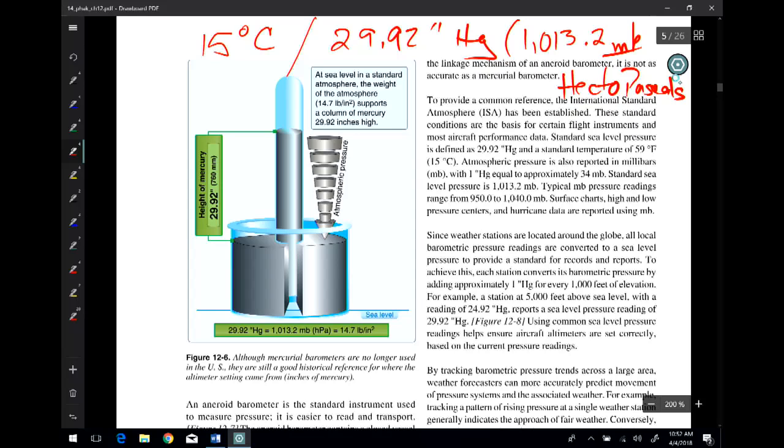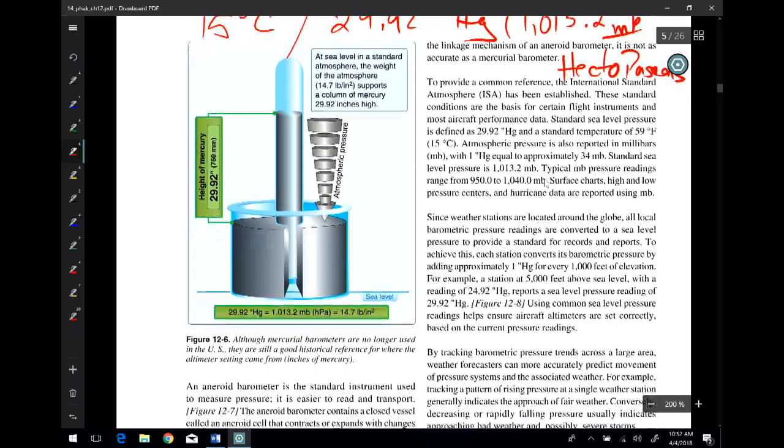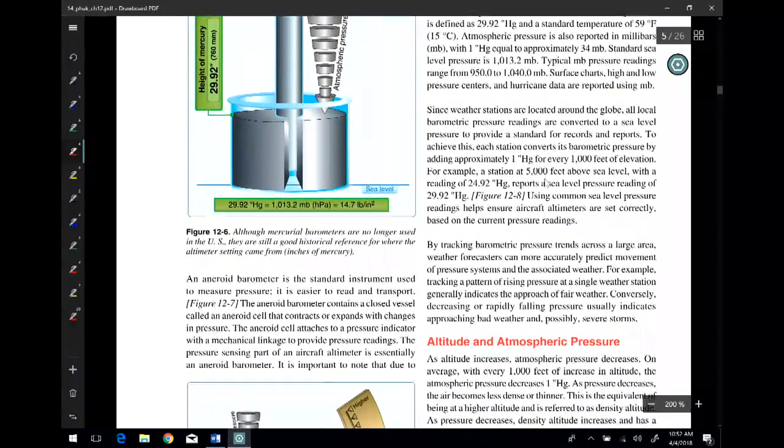You can write that down there: 29.92 inches of mercury equals 1013.2 millibars or hectopascals. I always feel so cosmopolitan when I say hectopascal. So that is what we call the standard atmosphere.